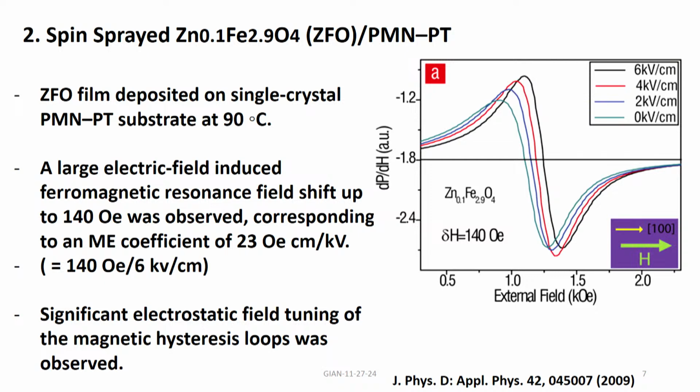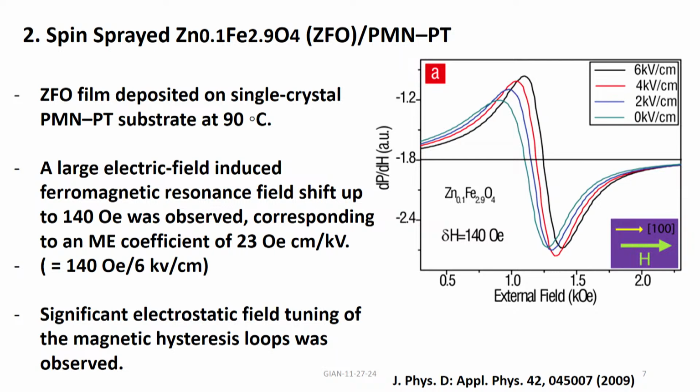And as you see here, this one starts with 0 electric field, then 2, 4 and 6. As the electric field is increased, there is a shift in the resonance field. So, the resonance field is wherever this horizontal line and this profile intersect. So, there is a shift up from 0 to 2 kilovolts, 4 and 6, and they came up with the number of 23 Oersted shift per 1 kilovolt per centimeter.